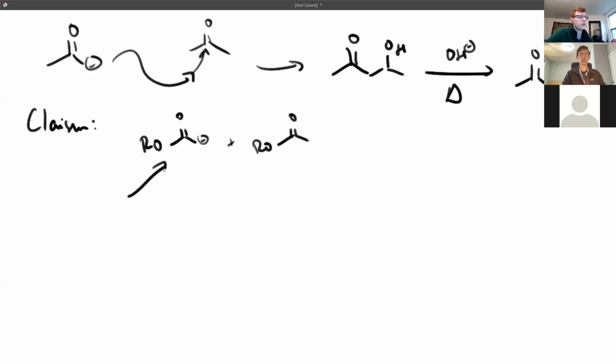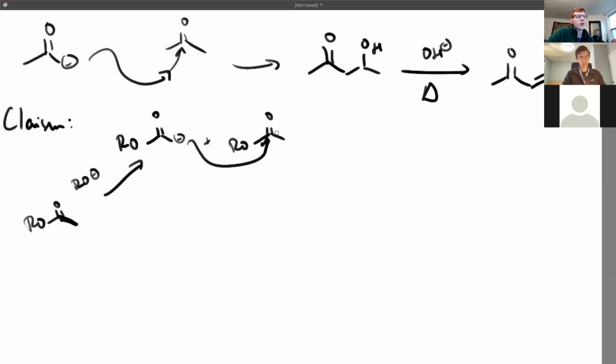You form this by putting the ester in OR minus, because this way you don't wind up getting any transesterification. You don't swap this whole group out. At worst, you just replace it with itself, so it doesn't bother anyone.